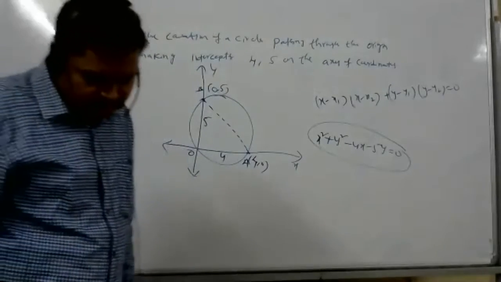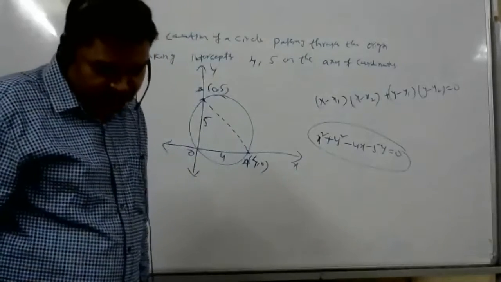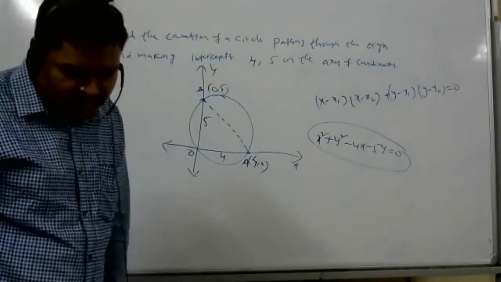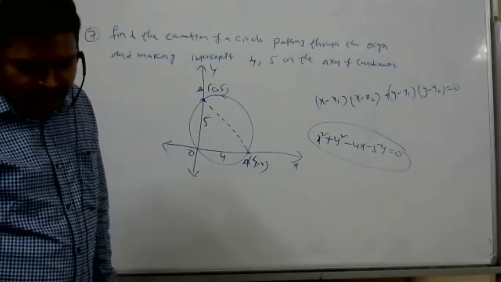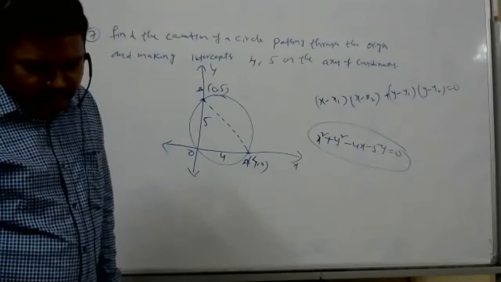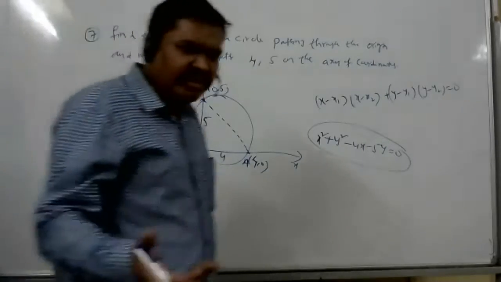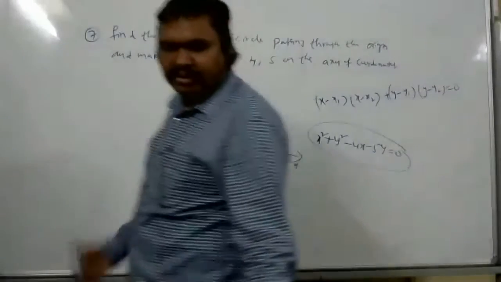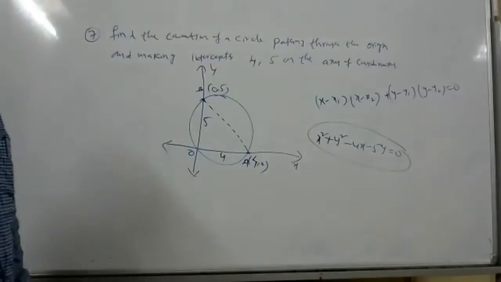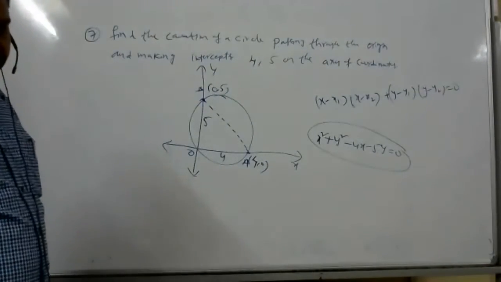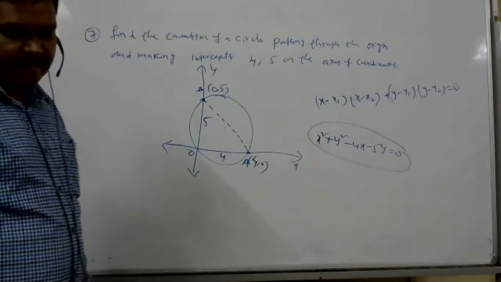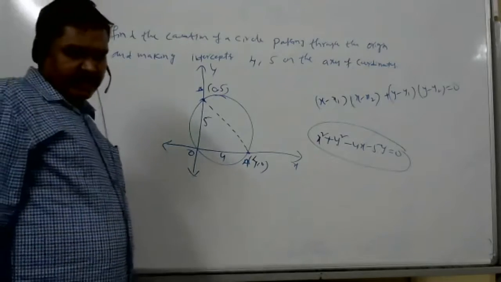Here the intercepts are not mentioned, which is x-intercept and which is y-intercept. That is why we can take 4 as x-intercept or as y-intercept. Anyone is correct. This is not competitive level, it is PU level, so both answers are correct. Okay, next.